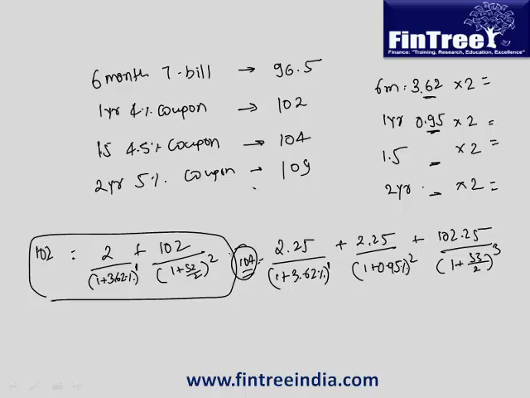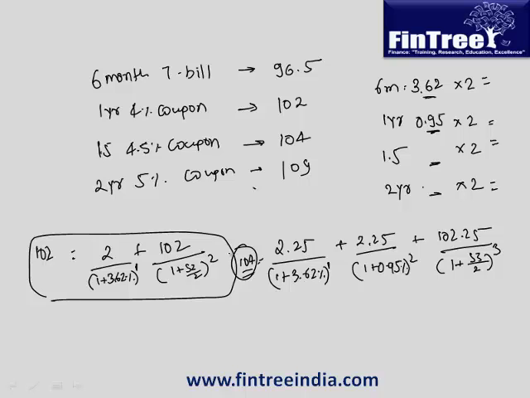Let that number remain on the screen, 99.62. Then say second clear TVM. Now make that 99.62 a negative number using plus minus and then say present value. Then say 102.25 is future value. 3 as n.